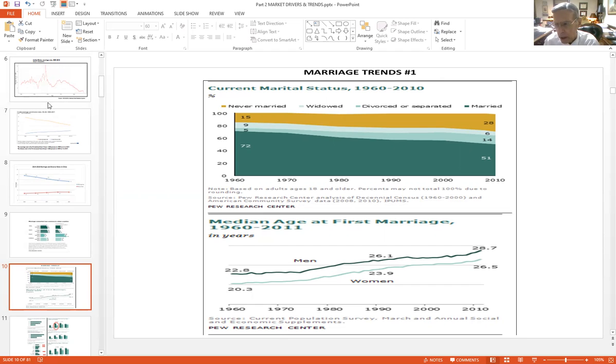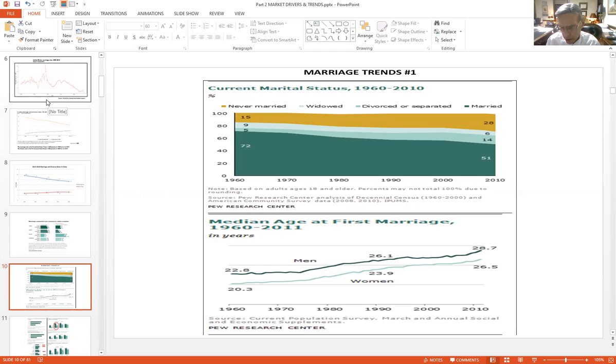The portion that is married or was married dropped dramatically from about 3/4 in 1960 to only half in 2010. So there's some really major trends going on here, and those trends have continued. So everything you see on the right side of that chart, you should simply extend.